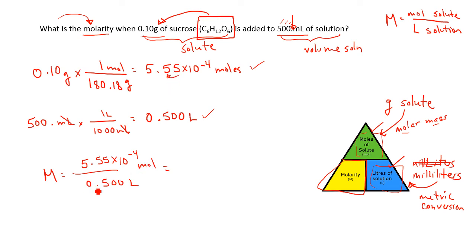I should round, but when I come down here, I'll make sure I round to 2. So I'm going to divide my moles by my volume, and I get 0.00111. That is my molarity, and of course keeping it to 2 sig figs, I'll have 0.0011 molar. So that is the concentration of sucrose in this particular solution.